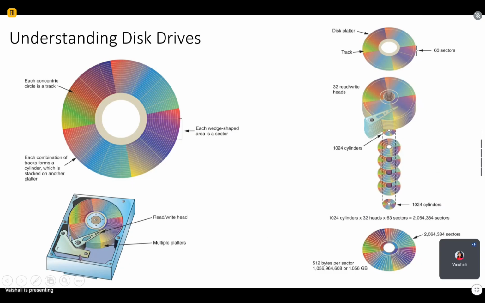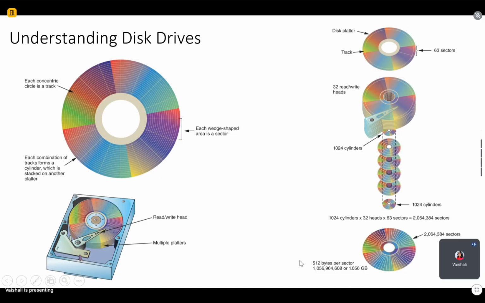So how much size capacity is there? We can say on one CD, we have 63 sectors in this particular partition. We have a total of 32 read and write heads. Okay. Then these are the cylinders. If you're calculating this, 1024 cylinders multiplied with 32 heads, multiplied with 63 sectors on every partition. So in total how many sectors do we have? 2064384 sectors.